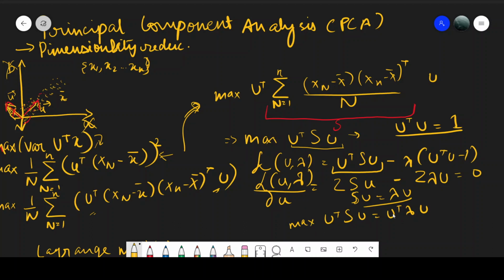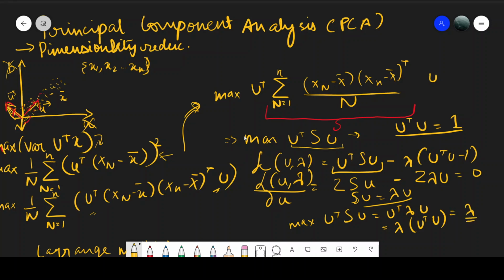Now lambda here is a scalar, not a vector, so I can just take it out. I can write this as lambda times u transpose u. And we know that u transpose u is equal to 1 because we don't want the magnitude of u to vary. That's a constraint. So this just becomes lambda.